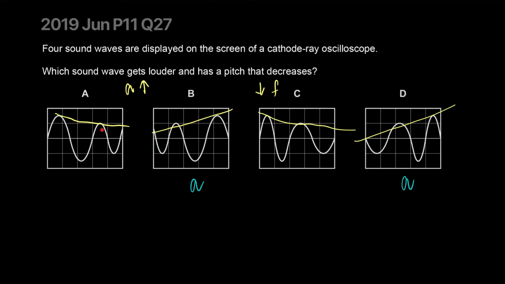Look at this over here. The frequency seems to be decreasing because this half cycle took 1.5 squares, and now it's taking 1 square. Sorry, increasing, because the wavelength is decreasing.